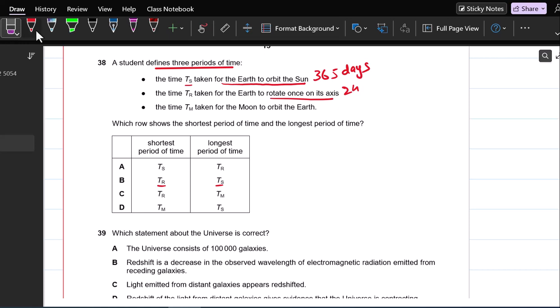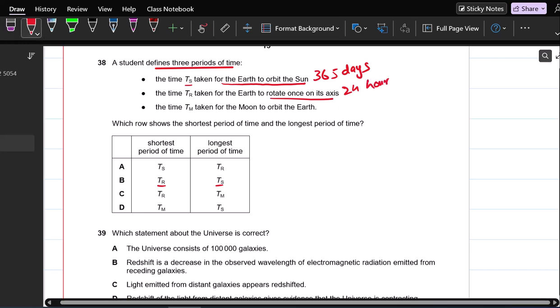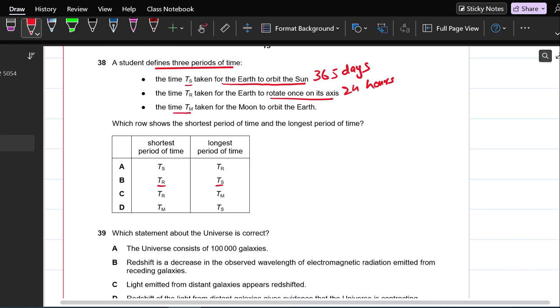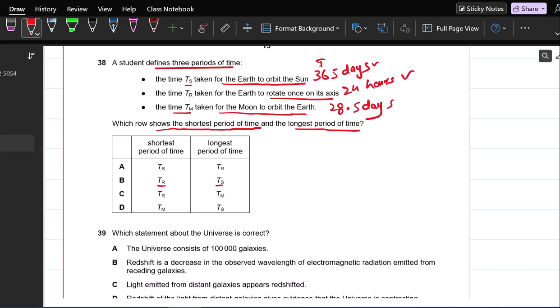The time TM taken for the Moon to orbit the Earth is 28.5 days, or approximately 29 days. Which row shows the shortest period of time? It is 24 hours. The longest period of time is 365 days. So B is right here.